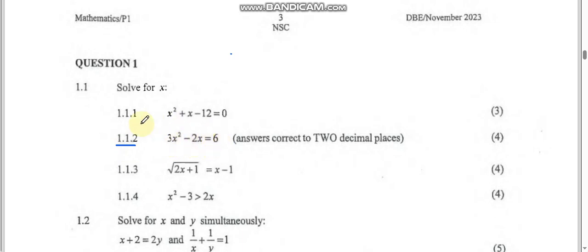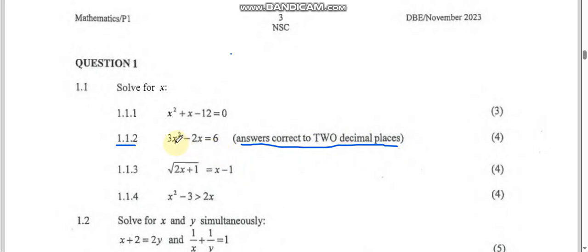You're supposed to solve for x, and the answer needs to be corrected to two decimal places. So the solution is definitely going to be a decimal number.